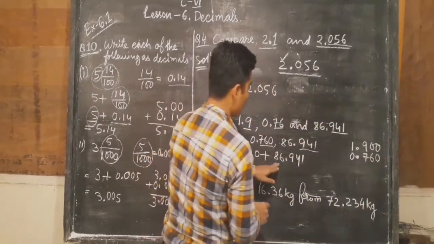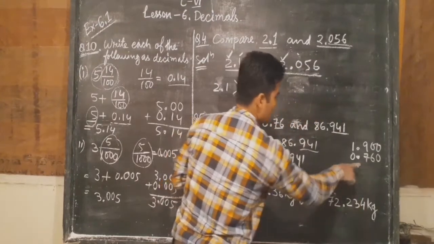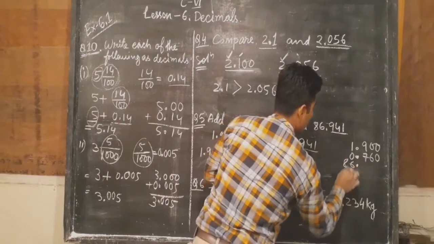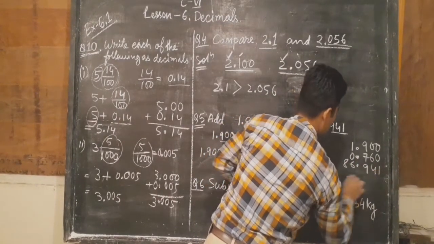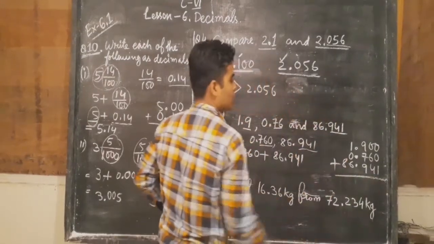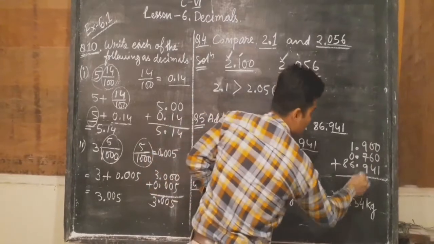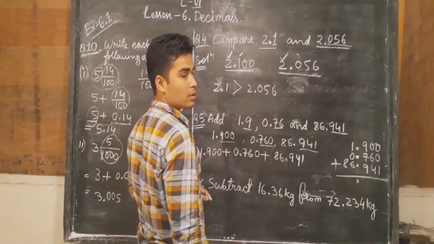Okay, and now move to the next decimal number. Place the decimal point first and then write the whole number part, and now place the decimal part. Now add them together. See here, all the decimal points are in the same column. In the answer also you have to put a decimal point.